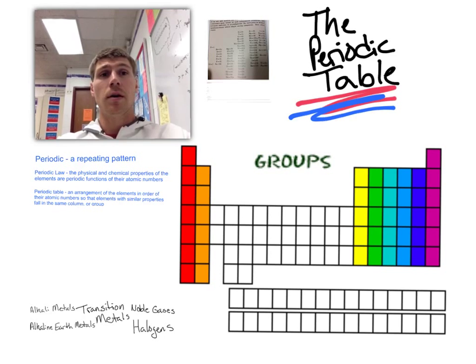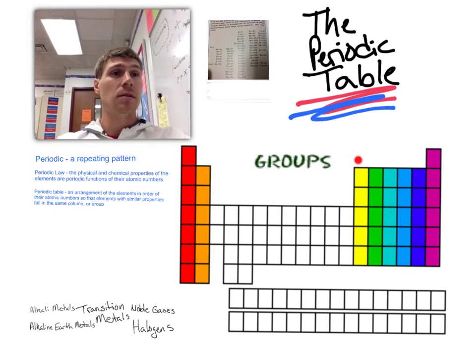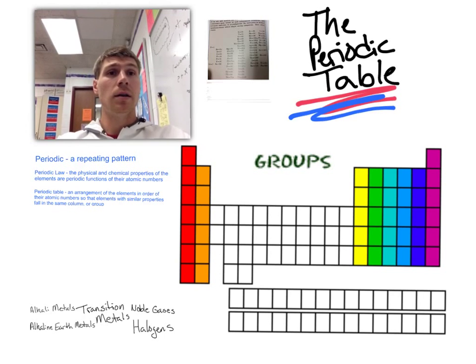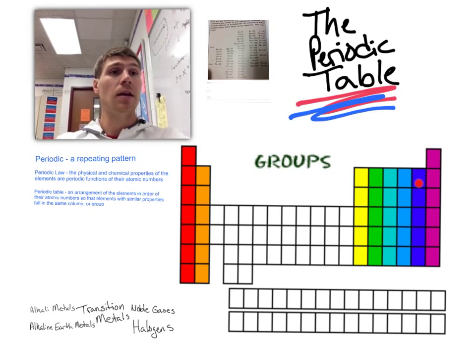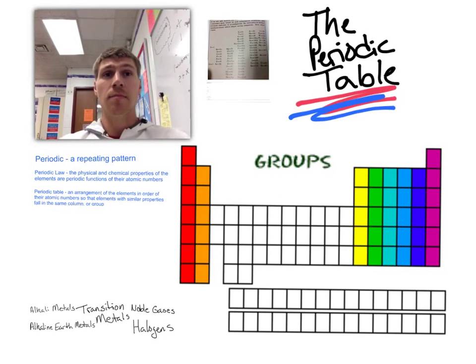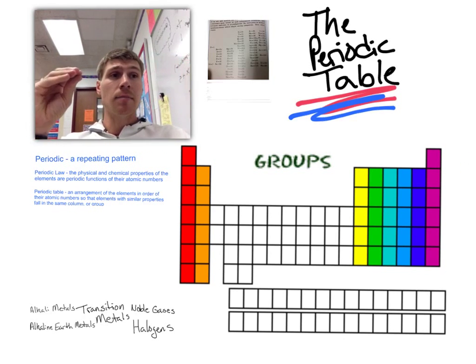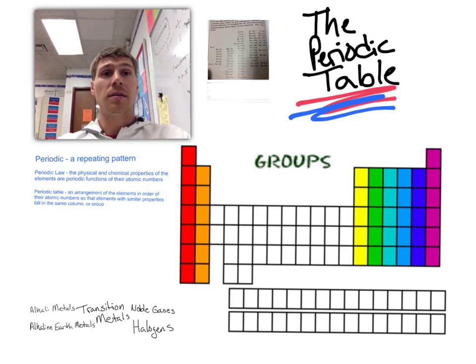Well, remember that as we go across the row, our atomic number is getting bigger, and so we got 1, 2, 3, 4, 5, 6, 7, 8, 9, 10, 11, 12, 13, 14, 15, 16, 17, 18, and so on and so forth. But when we got to the end here, instead of just making it one really big long line, we knew that we needed to repeat, because everything in this red column right here is going to have similar properties.